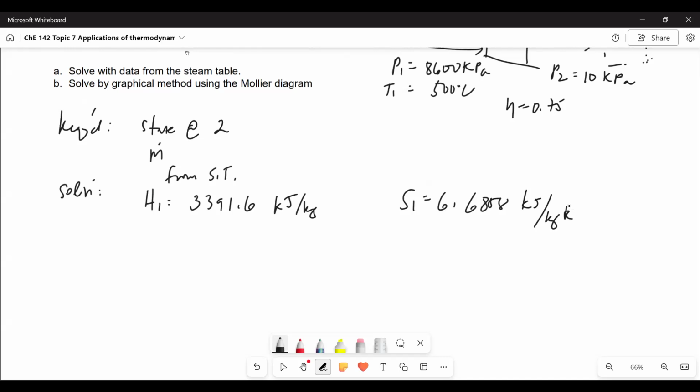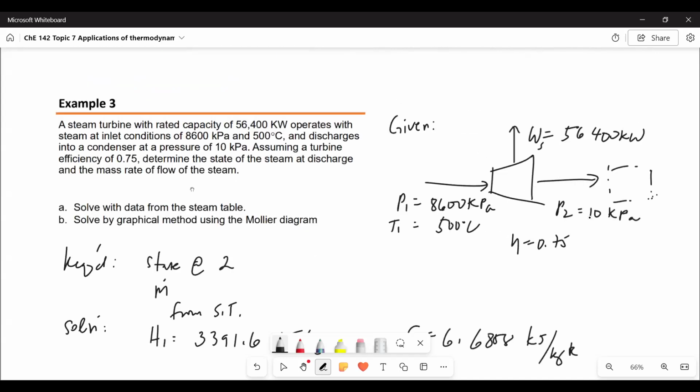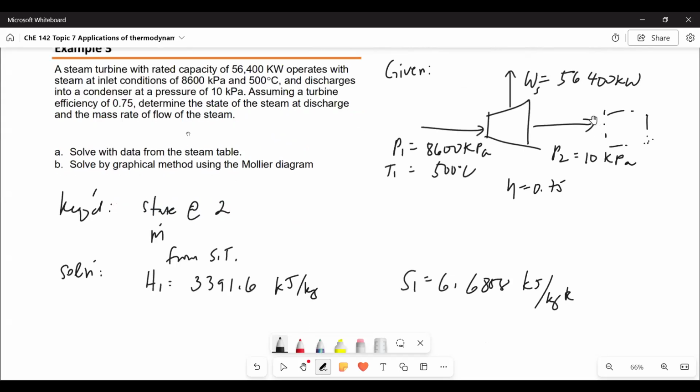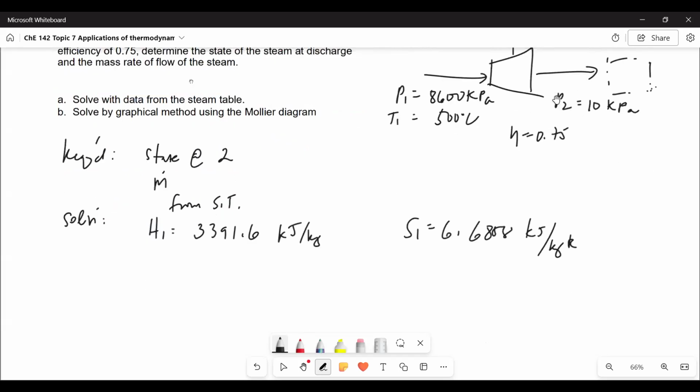And then, so what's next? Ideally, the problem should also be giving the quality. For T2, there's no problem. Well, it's not given what the state is, so we don't know if this is superheated or a saturated steam. But usually, at discharge, the turbine discharges wet steam or saturated steam. But anyway, we don't know yet.